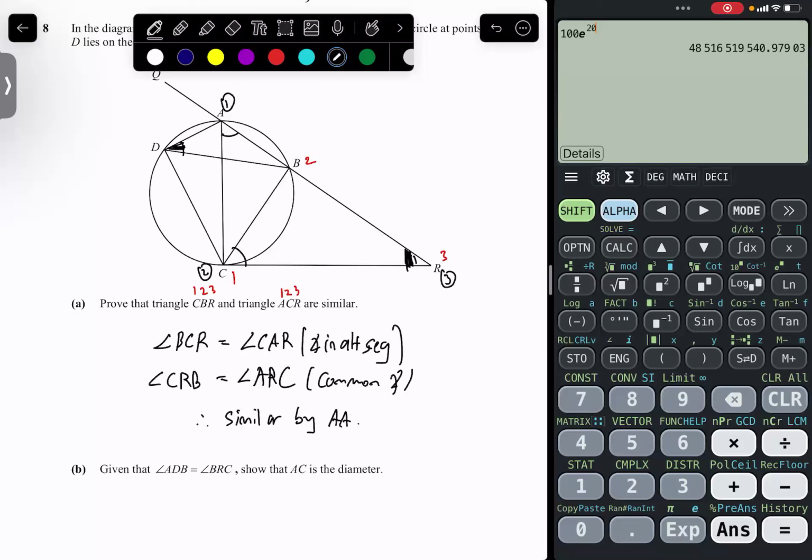How does that help me? Show that AC is a diameter. If these two angles are the same, then this angle and this angle are also the same, because angles in the same segment. And this is a tangent, but a tangent to the circle doesn't prove that it's a right angle. What am I missing? Let's see.